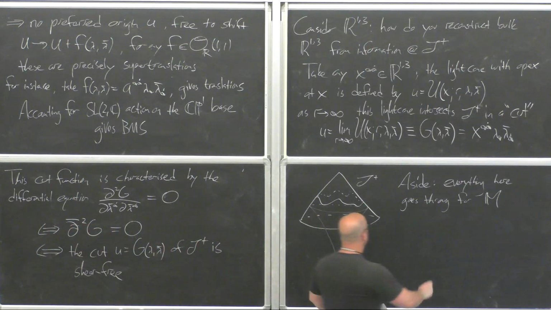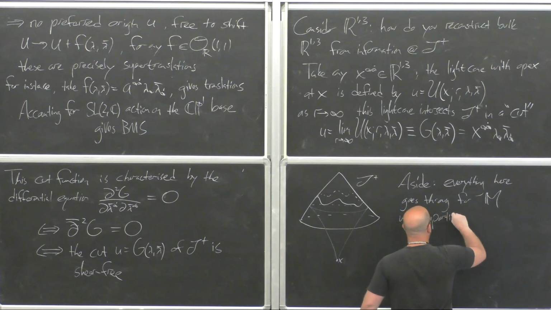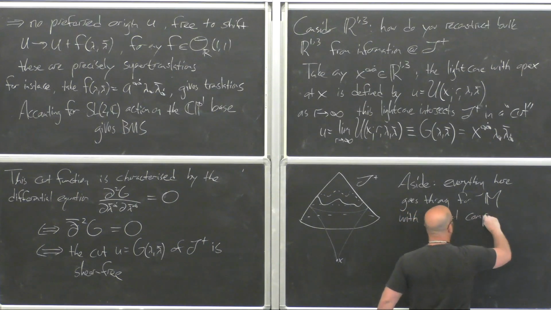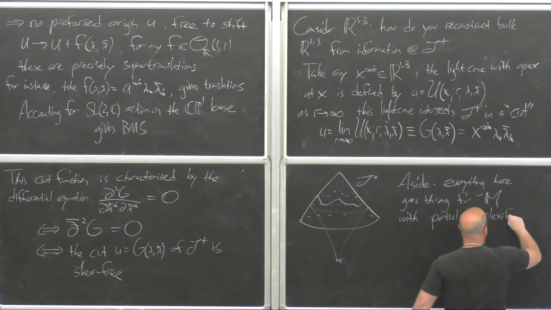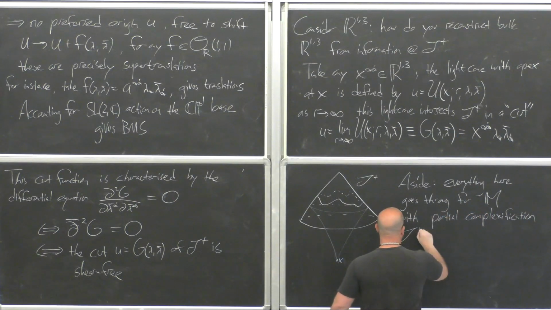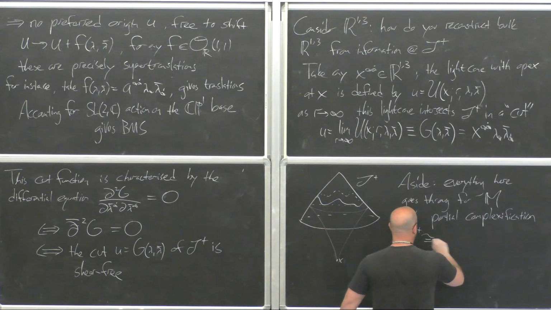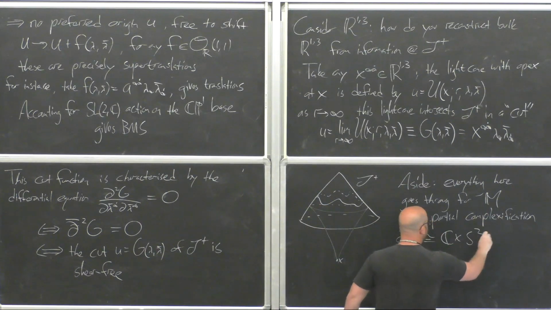So in this case, scri is the partial complexification you might call scri sub C, and this is C cross S2.